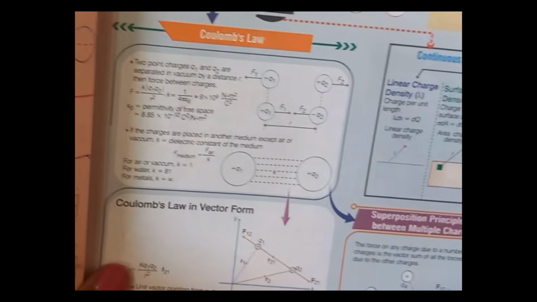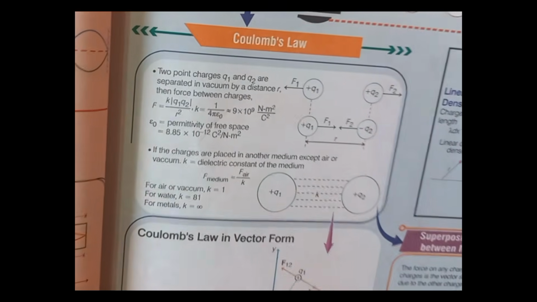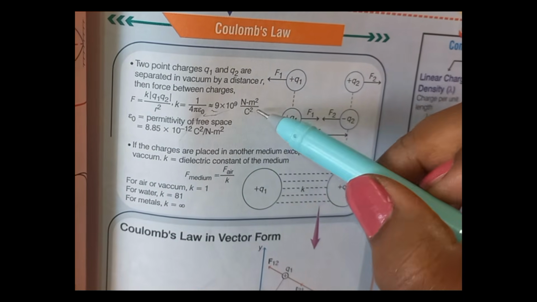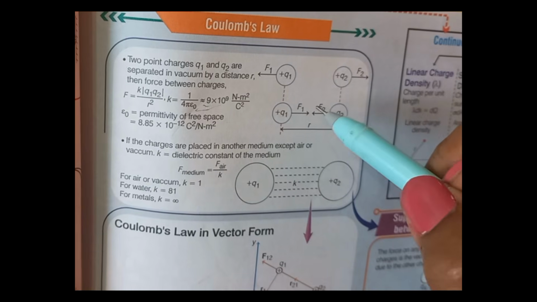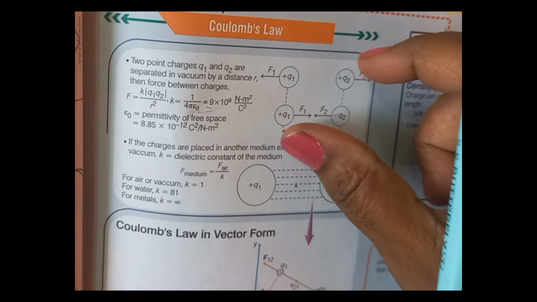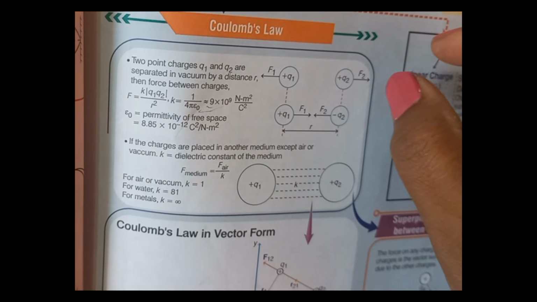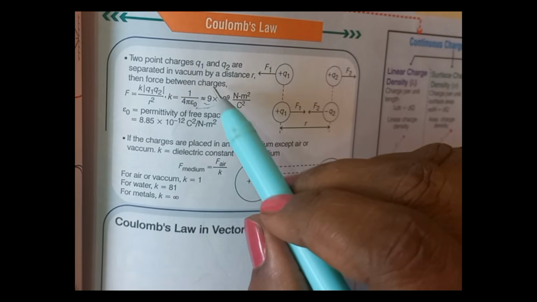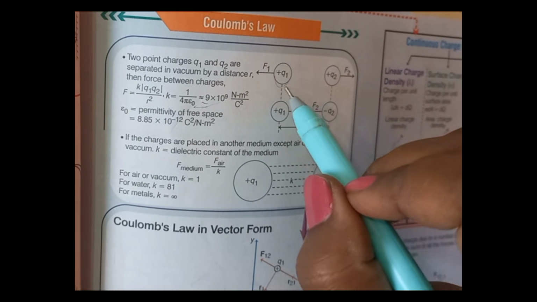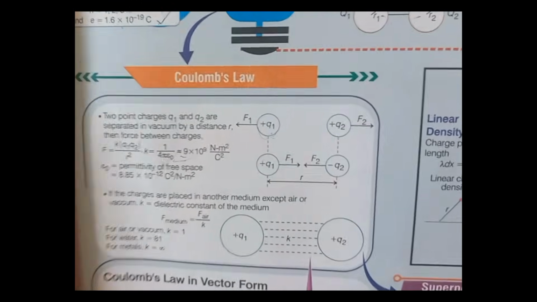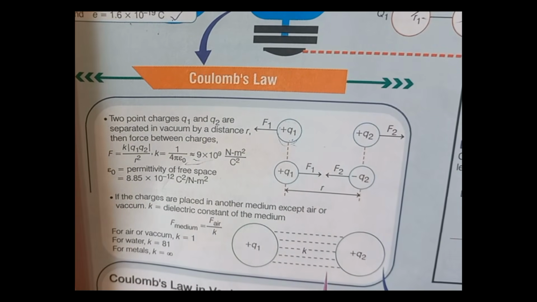Then let us come to Coulomb's law. Coulomb's law is the force between two charges. If there are two point charges Q1 and Q2, and these two charges are positive, hence there is a repulsive force.